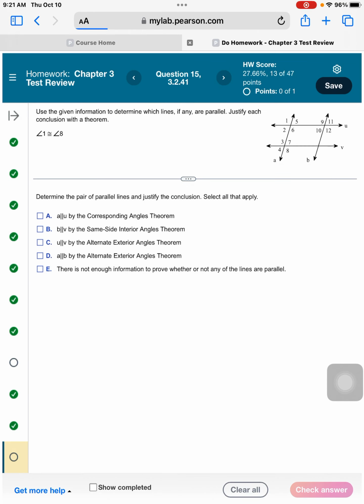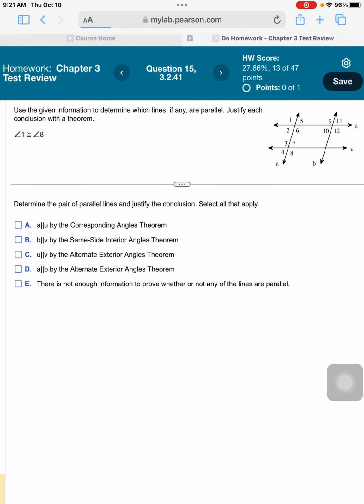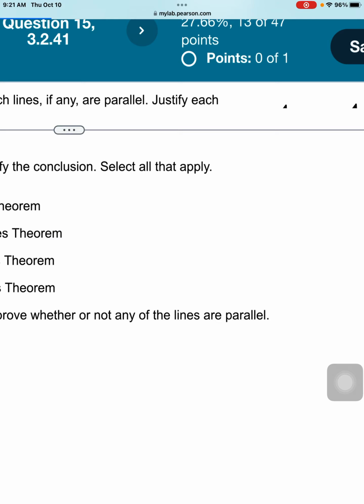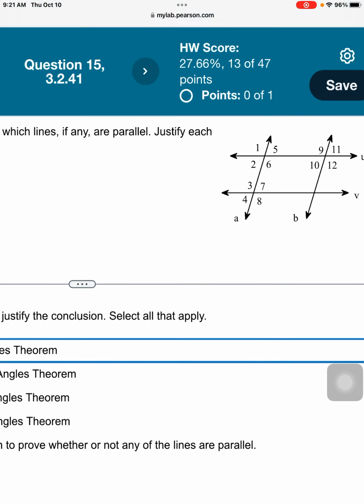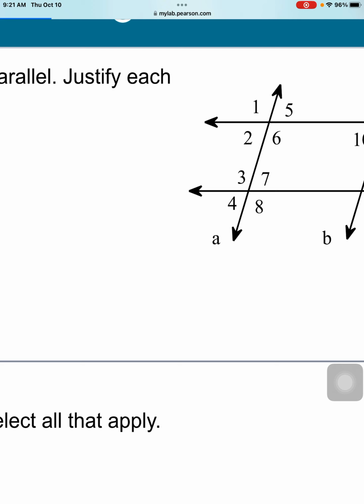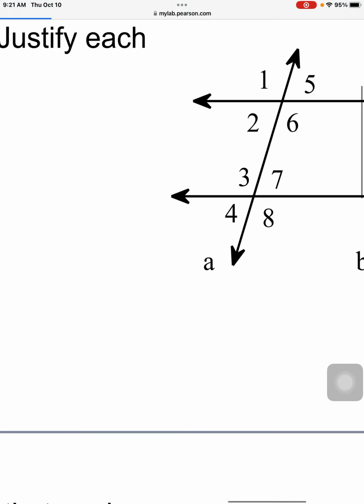Okay. Use the given information to determine which lines, if any, are parallel. Justify each conclusion with a theorem, okay? So if 1 and 8 are congruent, that's the same thing. That's alternate exterior angles. So if 1 and 8 are congruent and they're alternate exterior angles, then the transversal that they lie upon, what line are 1 and 8 on that they share in common?